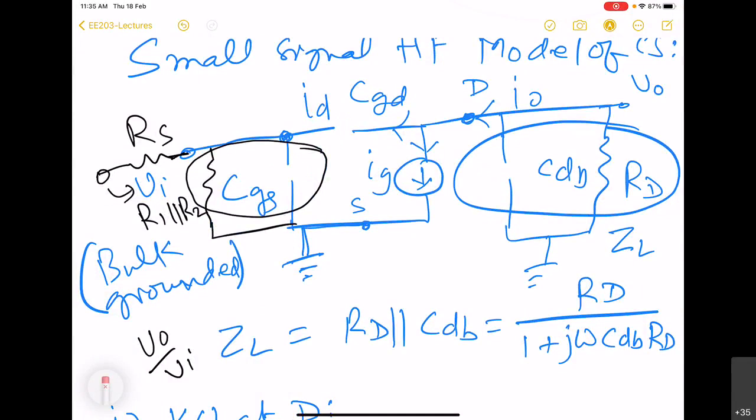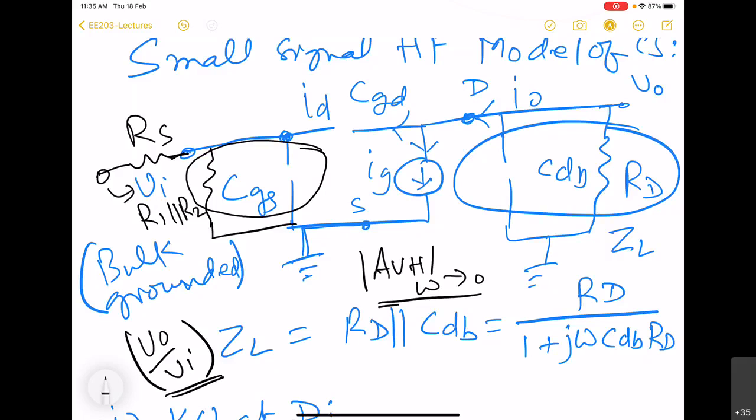So only for the purpose of finding out AVH for omega equal to 0, you can take this circuit, and for this circuit find out VO by VI, and that is going to be the value we were trying to find out, the magnitude of AVH for very low frequency. So now the analysis is going to be easier.